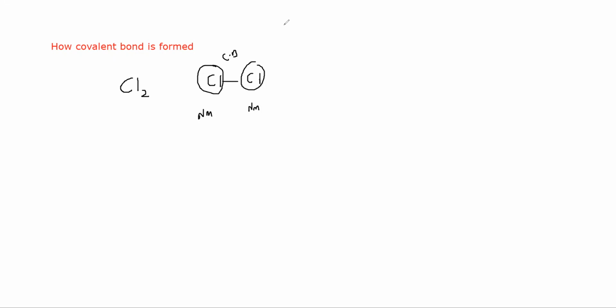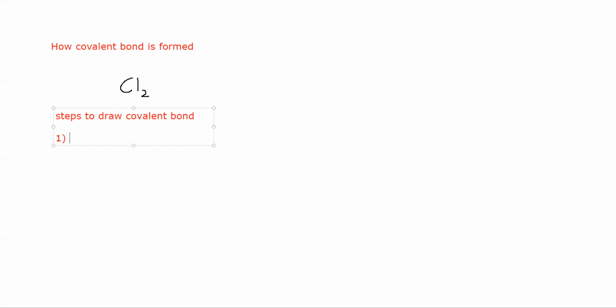First thing, the steps to draw a covalent structure. Number one, you will identify the group number of each element in the compound.